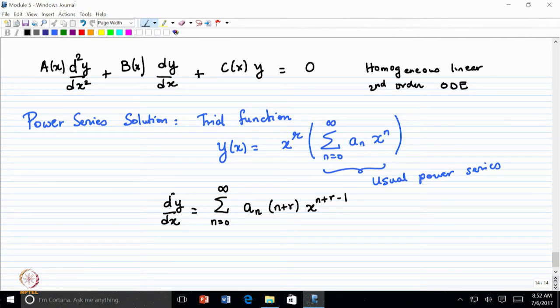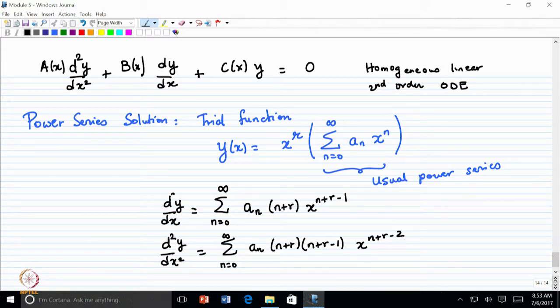Okay. And what you will have is d²y/dx² equal to the sum over n equal to 0 to infinity of a_n (n+r)(n+r-1) x^(n+r-2).